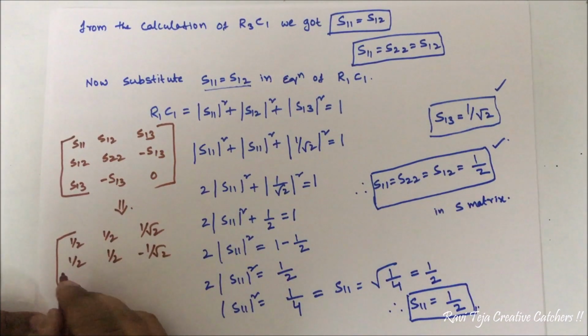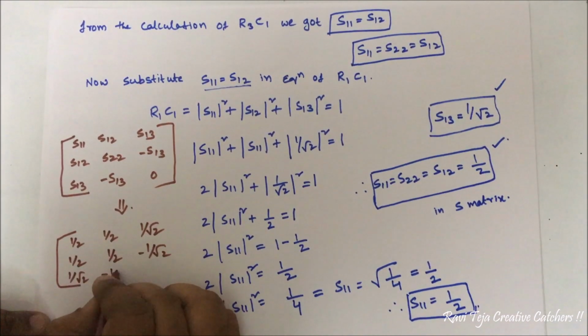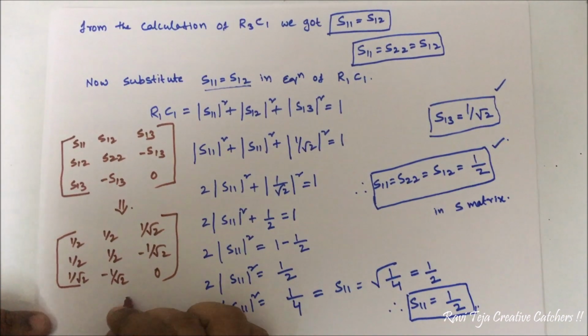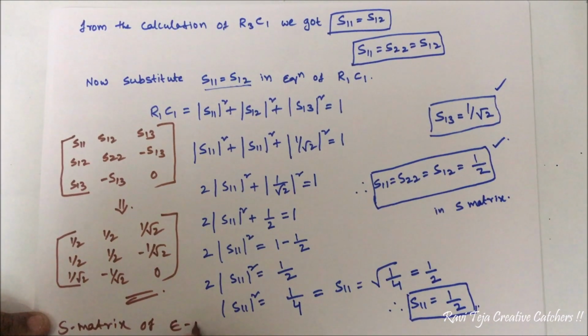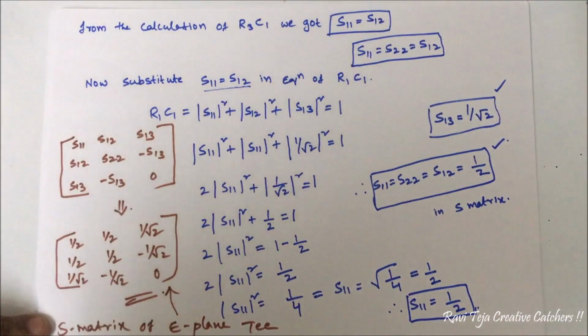S13 is again 1 by root 2, minus S13 is minus 1 by root 2, and 0 as it is. This is what we obtained as the S parameters, the S matrix of the E-plane tee. This is how to calculate.